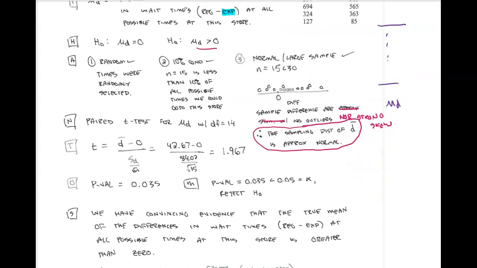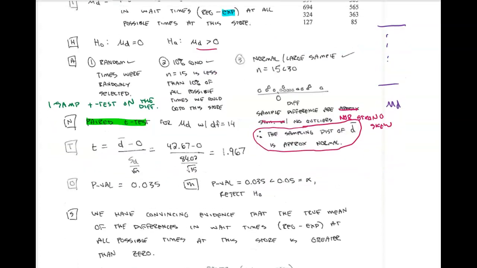This is a paired t-test for mu D, or you could just call it a paired t-test, or you could call it a one sample t-test on the differences. I just prefer a paired t-test. Degrees of freedom is 15 minus 1.